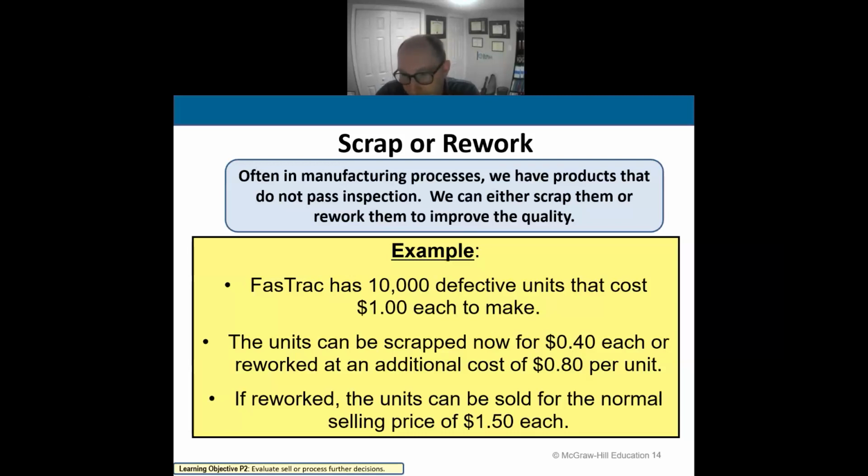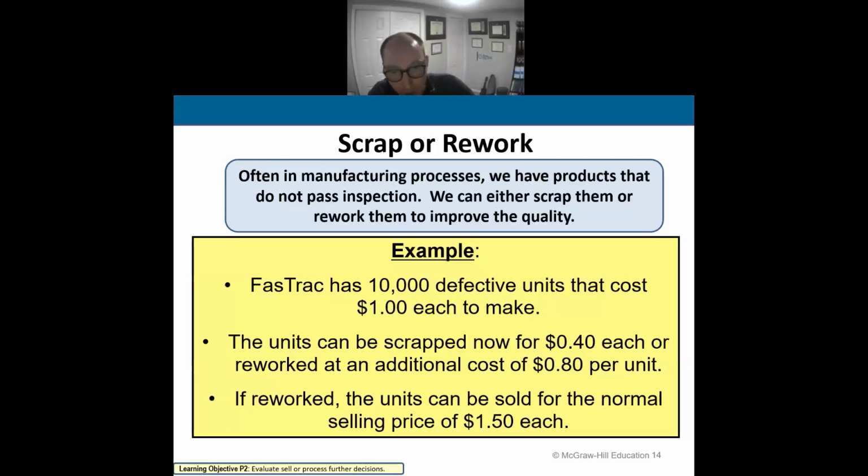Here's another decision that managers have to commonly make in manufacturing. It's called scrap or rework. So, let me think of an example here. Oh, our wiper blades. Okay, our wiper blades, right? So we make wiper blades.